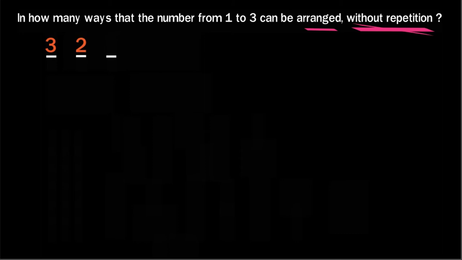After we fill out the first 2 digits, how many possible ways can we fill out the last digit? There's only 1 number left. So the total number of ways is actually 6.